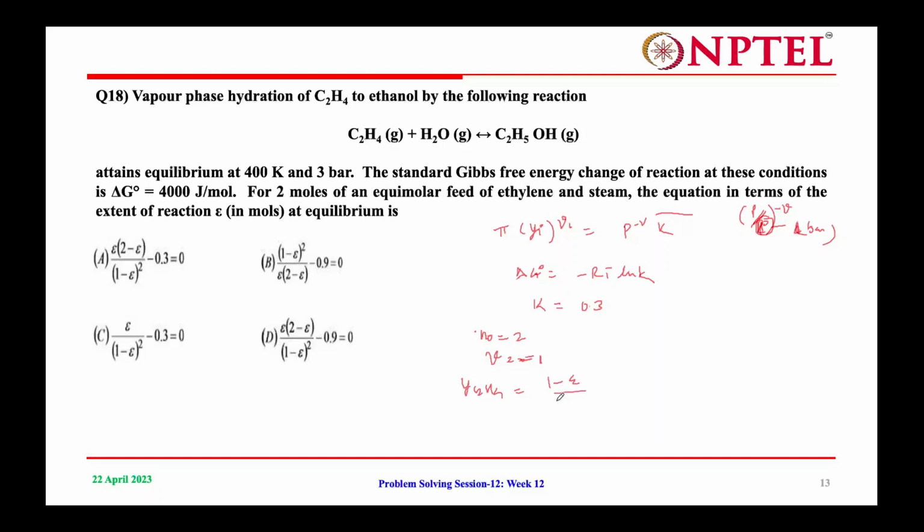Initially the total moles are 2, and the total stoichiometric coefficient for this reaction is minus 1. H2O is the same, and for ethanol C2H5OH, initial moles are not present.